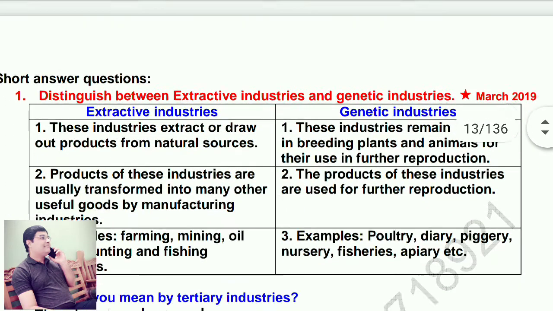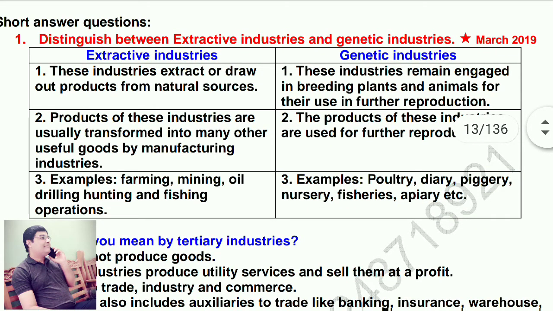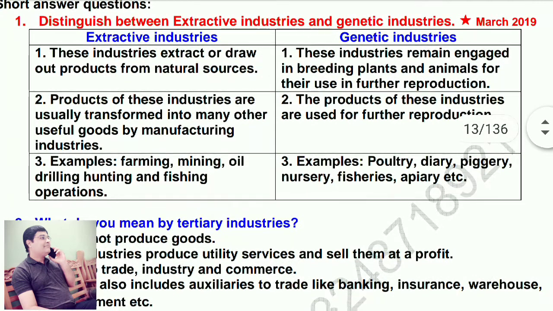Now move on to short question. Difference between extractive industry and genetic industry. This question asked in the March 2019 paper. Extractive industry: these industries extract or draw out products from natural sources.